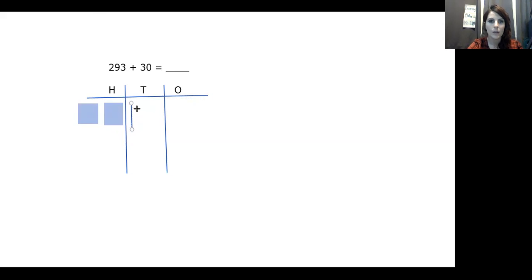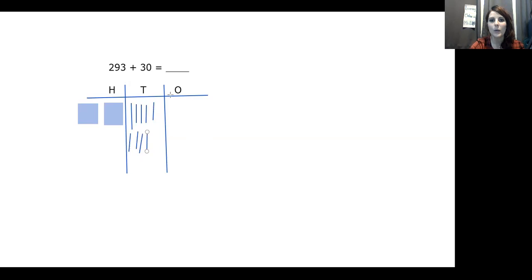1, 2, 3, 4, 5, 6, 7, 8. Man, this was trickier than it looks. And 9. It's all right, it's a little crooked. Okay.